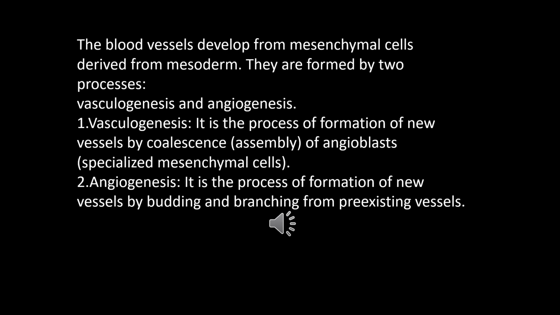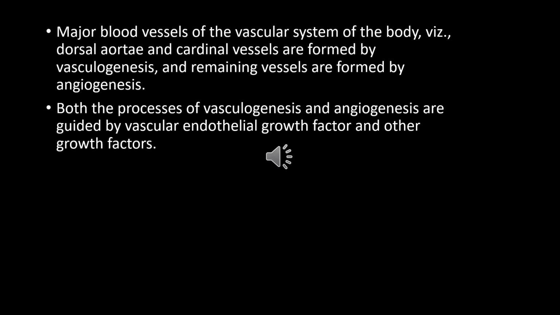The angiogenesis is a process of branches given off from the existing blood vessels, and this process is called angiogenesis. We move on to the next slide. That is the major blood vessels like dorsal aorta and the cardinal veins.